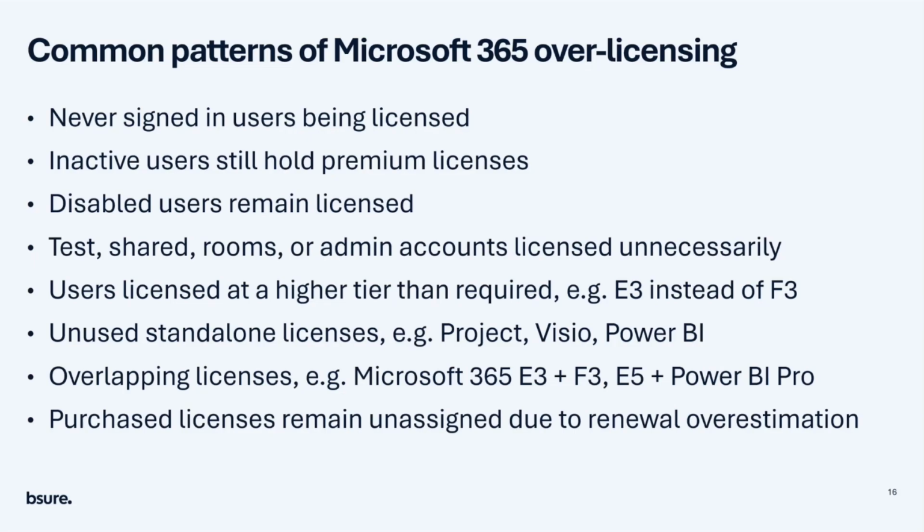And finally, you can have licenses in stock that are unassigned because you bought too many, maybe on your last renewal. This is typically something we see with most organizations that we work with. But why does it happen? That's something we're going to take a quick look at now.